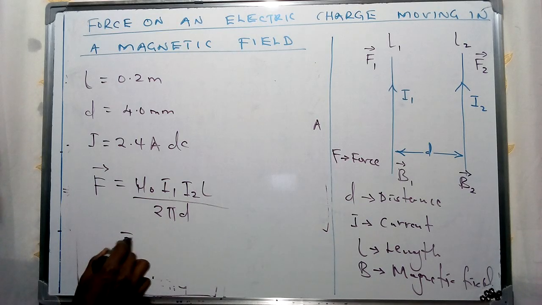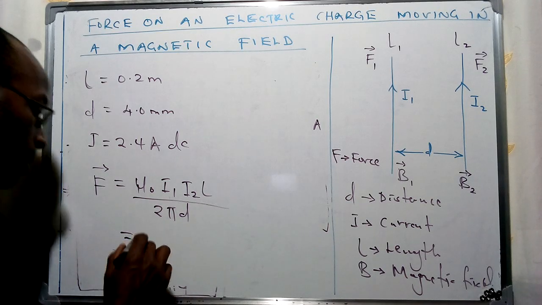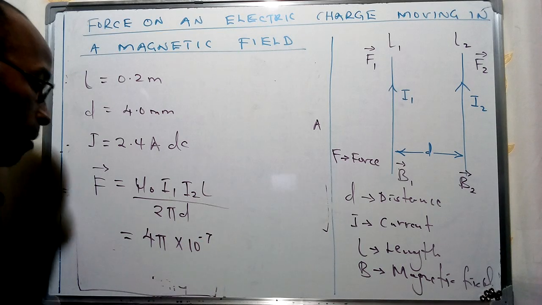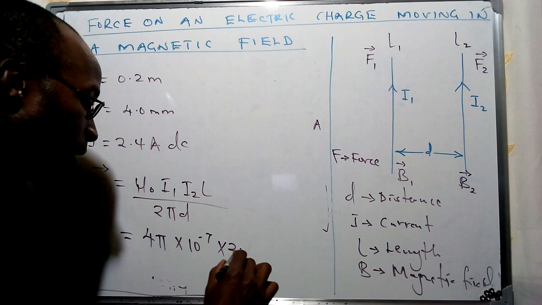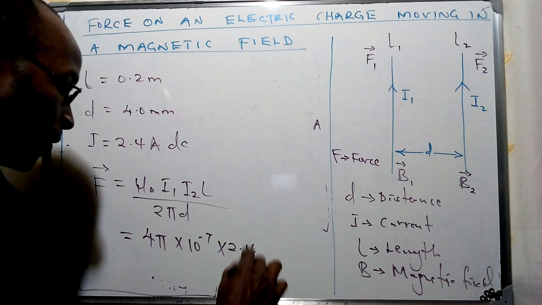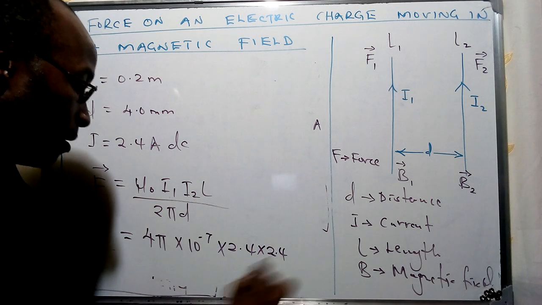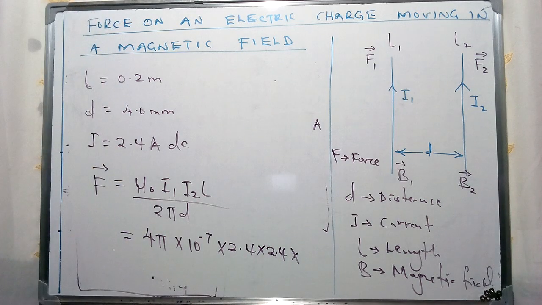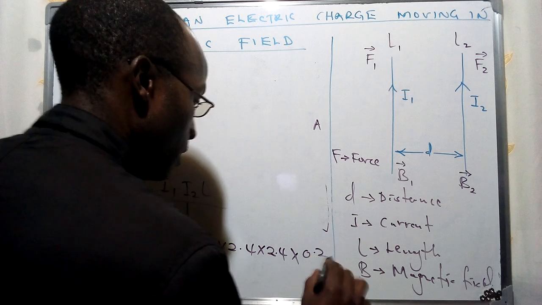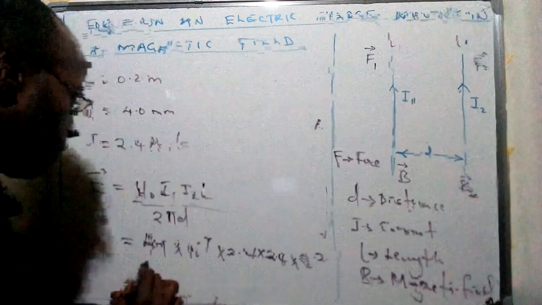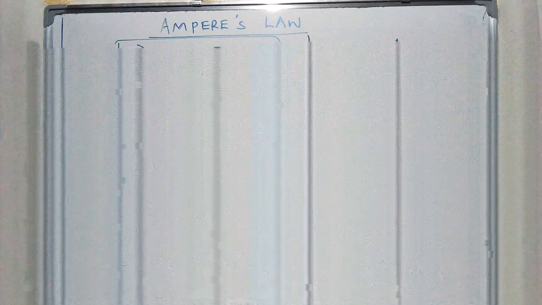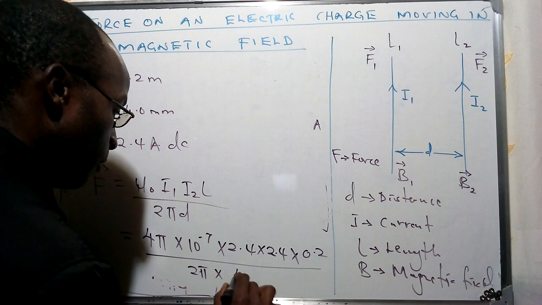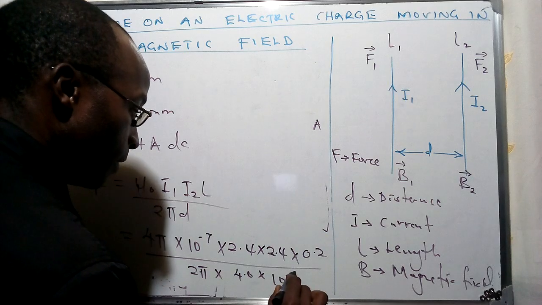In this case, we are going to do a direct substitution. Mu naught is the permeability of free space, equivalent to this specific figure. Then we shall have the current given as 2.4 for each wire, and the length 0.2 meters, divided by 2 pi times the distance between them, that is 4.0 times 10 to the negative 3 meters.